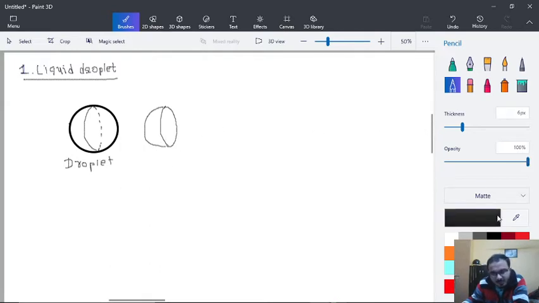So first we will focus on surface tension part. As we all are aware that it is a tensile force, so it is acting in this way.